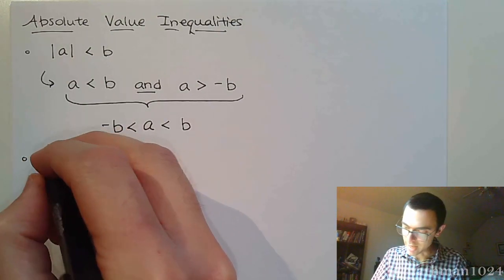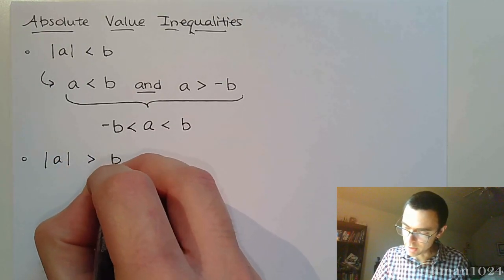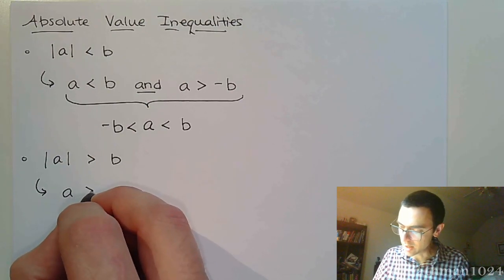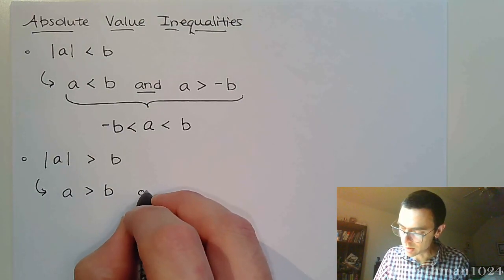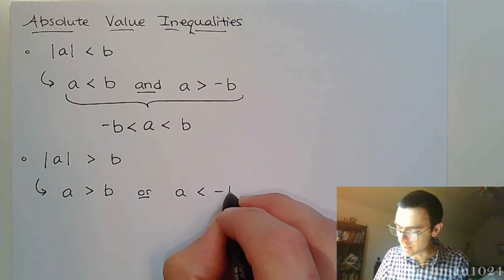The other statement that we have is that when the absolute value is greater than b, we're going to say that A is greater than B, or A is less than its opposite.